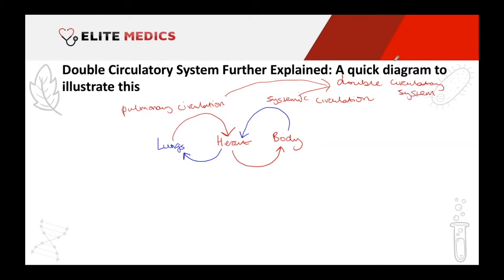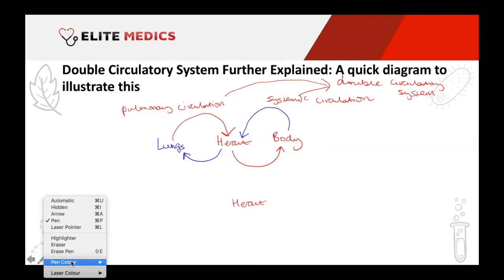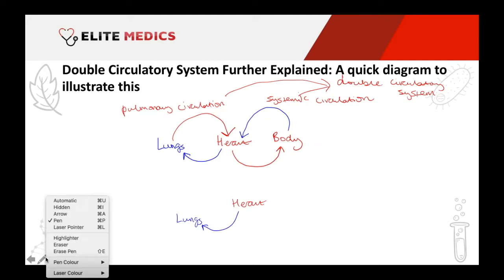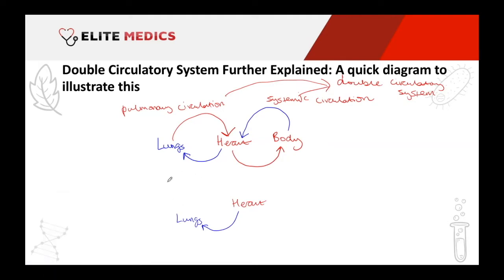I hope that's clear, but if it's not, then I'll just give you a comparison. If we had a single circulatory system, what we would have is, let me just write heart, and you would have deoxygenated blood going to the lungs, just like you have in a double circulatory system, but then this blood is pumped directly to the body.